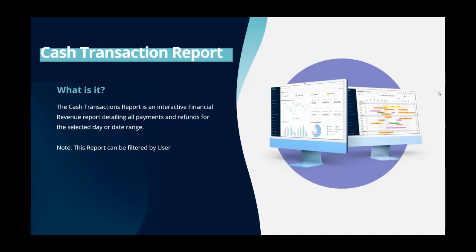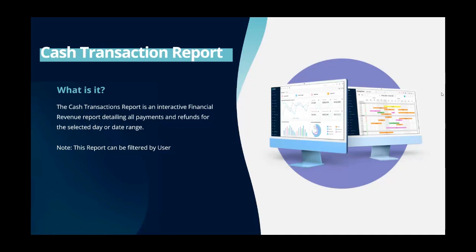If your property does accept cash and at the end of every shift the front office team does that cash drop, they can filter this by their own user, maybe even select just cash or check, and see what that drop should be, and they can compare to what they actually have. Takes a lot of the guesswork out of those kind of reports. And of course, we can also see what's being processed through online reservations by filtering to that RMS online user.